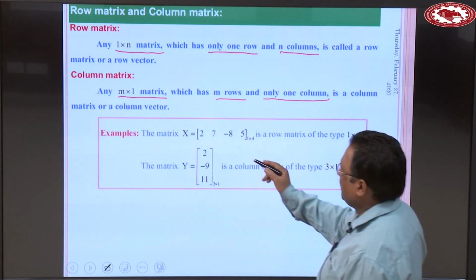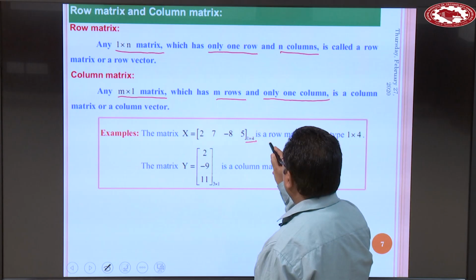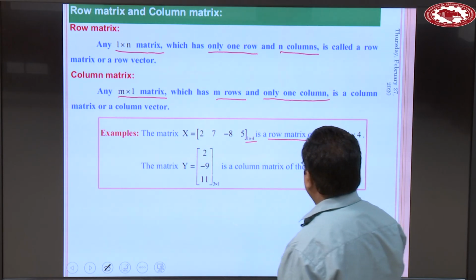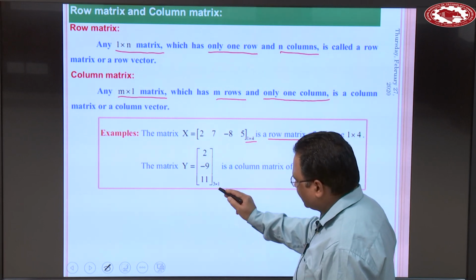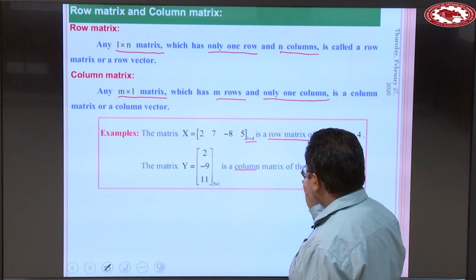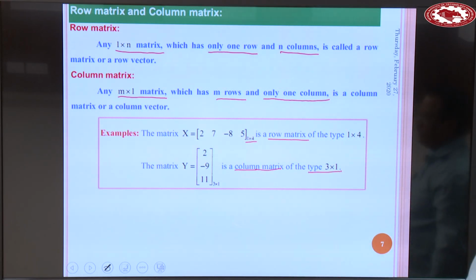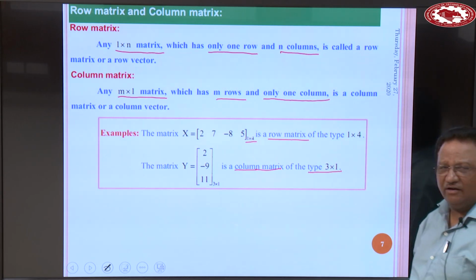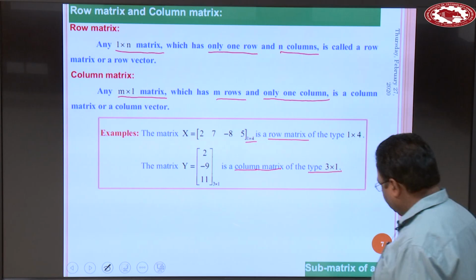For example, this one is a matrix of order 1 by 4, only one row, so it is a row matrix of the type 1 by 4. And this matrix of order 3 by 1, meaning only one column, is a column matrix of type 3 by 1. These are simple examples of these special types of matrices.